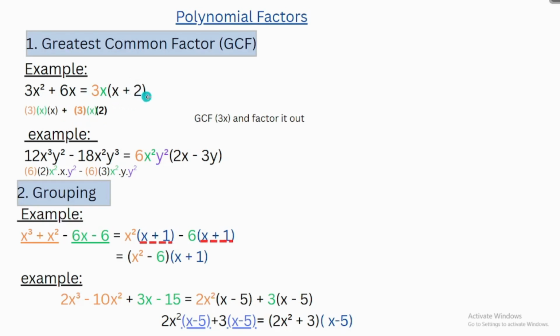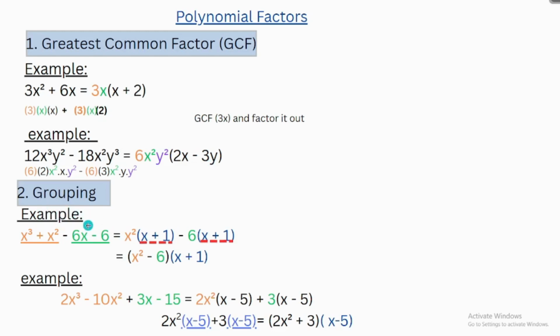So this is called a factor. Also, when we see a binomial like this, we will find 6 is common, x squared is common, y squared is common, so we will take the common factors outside the parentheses and put the remainder of the expression inside the parentheses.